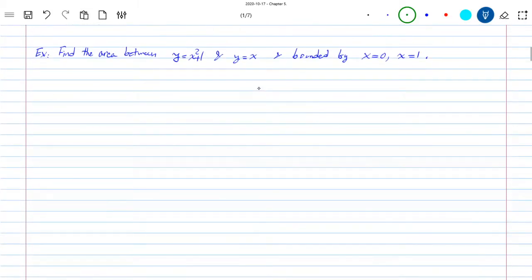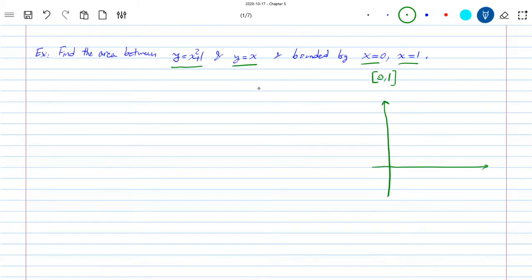Here's an example. Let's find the area between the two curves y equals x squared plus 1 and y equals x, bounded by the endpoints x equals 0 and x equals 1, which is basically over the interval 0 to 1. This is what it means. Let's first figure out what the graphs of these two look like. I'm only going to focus on the interval 0 to 1, so I don't really need to graph the function overall.